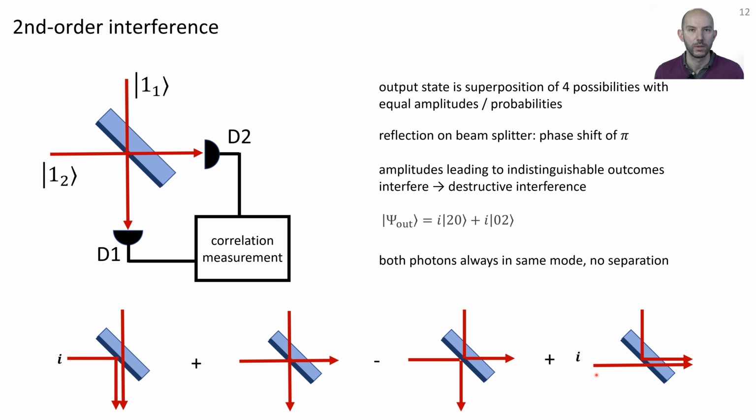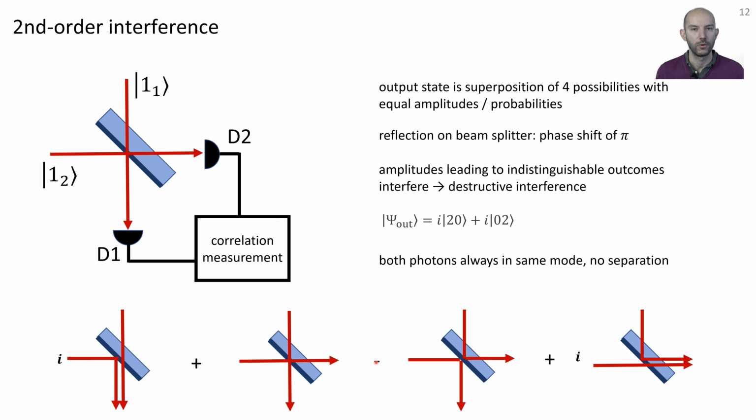And if we see now these 4 possibilities, then we will find that 2 of them, the middle 2, are indistinguishable, because in a measurement, if the 2 photons had the same properties, then one cannot distinguish whether this possibility is realized or this possibility is realized. Meaning these 2 possibilities can interfere, and now we can see, due to this phase shift due to reflection, these 2 possibilities actually have different sign, which means that they are interfering destructively.